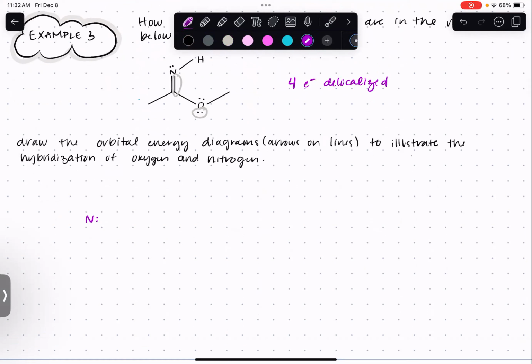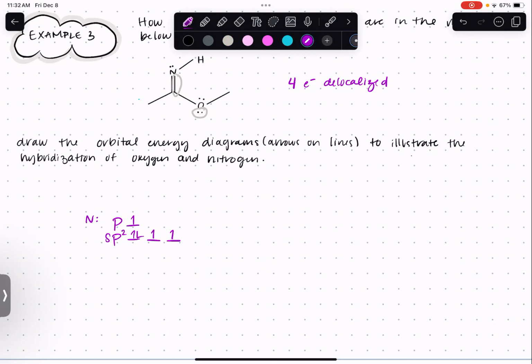So for the nitrogen, it has a double bond, so it's going to be sp2 hybridized. So we're going to have one p orbital with 1 electron in it here. And then we'll have 3 sp2 orbitals, 1 with the lone pair in it, then the other 2 with 1 electron.